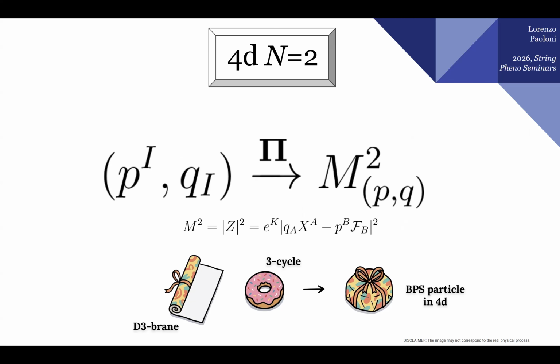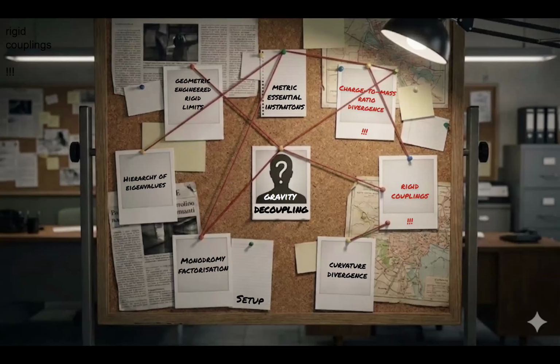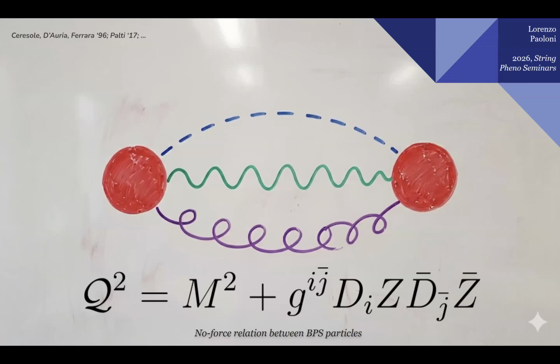Now I want to take advantage of this discussion and, as I said, introduce another necessary point in our gravity decoupling picture, the divergence of charge to mass ratios. In fact, if a subsector of the theory is decoupling from gravity, we expect that there should exist massive states that are charged under the rigid U(1)s, for which the electromagnetic interactions are much stronger than the gravitational ones.